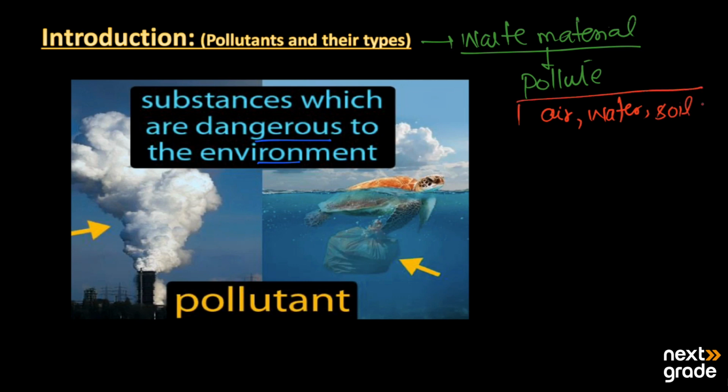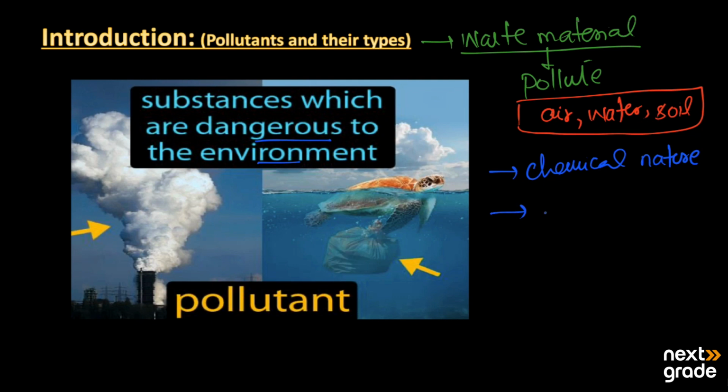So all the factors that can pollute the air, water and soil are known as pollutants, and there are mainly three factors that determine the severity of pollutants. First, we have to measure the chemical nature of that waste substance.